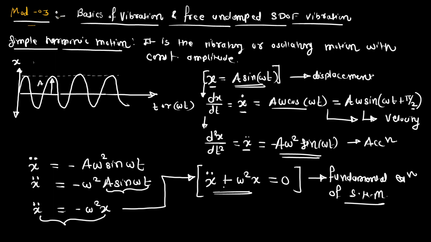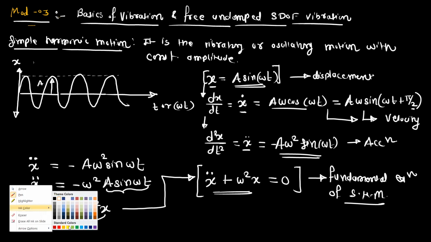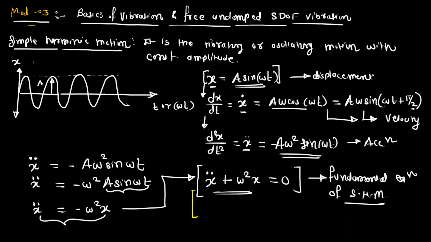We can write this in a differential form. This equation will be x double dot, which is nothing but d2x upon dt square, plus omega square x of t is equal to 0. This is the equation in differential form.